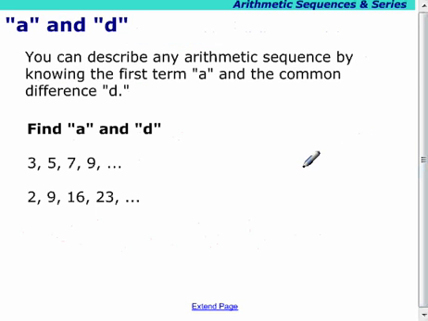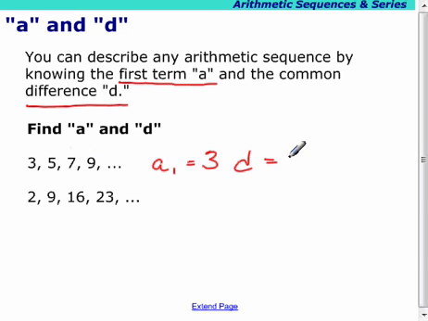Now, any arithmetic sequence can be defined by knowing two things about that sequence. First thing we want to know is what the first term of the sequence is. And the other piece of information we want to know is the common difference. So in these two examples here, I can easily say, well, my first term is 3, and my common difference, it looks like I'm going up by 2.